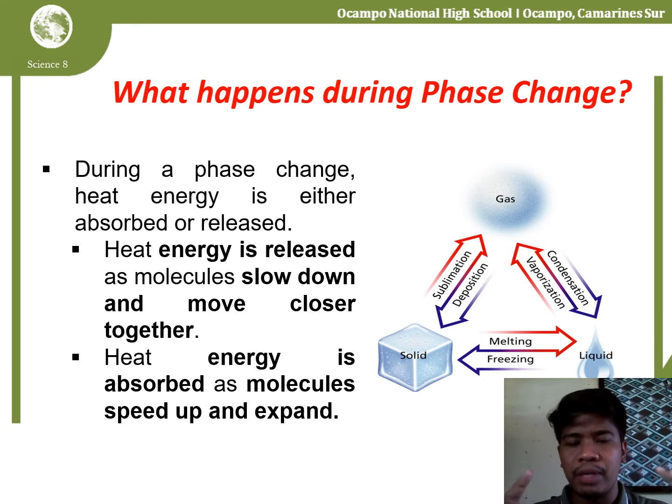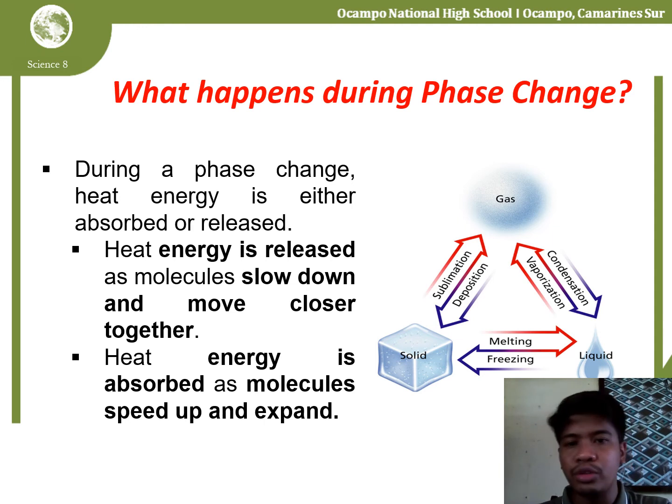Naging tightly packed pa ba sila or nag-spread sila from each other? They spread or move apart from each other. Tandaan ninyo ha, once an energy is absorbed, yung motion, nag-speed up yung mga particle in terms of motion and they move apart from each other in terms of their arrangement.